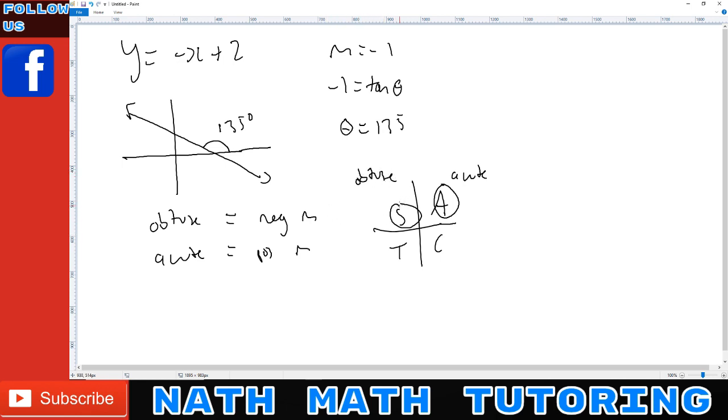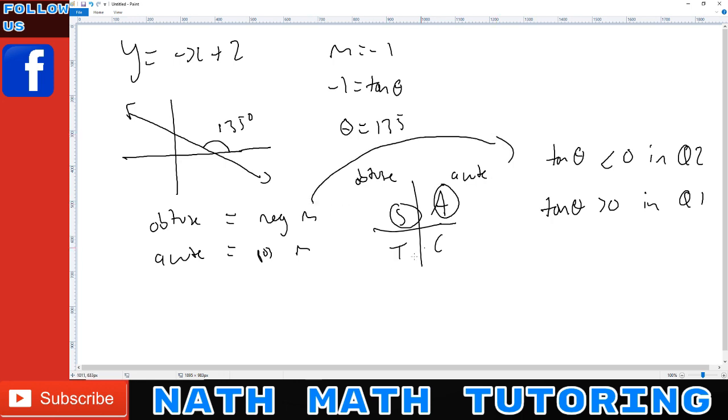So what you'll notice is tan is negative in quadrant 2, which is why a negative gradient will give you an obtuse angle, and tan is positive in quadrant 1. So I'll just mark it out here, tan theta less than 0 in Q2 and tan theta greater than 0 in Q1. So that's the link between this and that. So that's why you have obtuse angles and acute angles, right? And remember, the angle is just measured between the positive x-axis and the line.